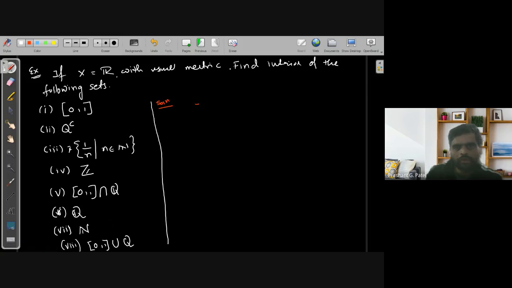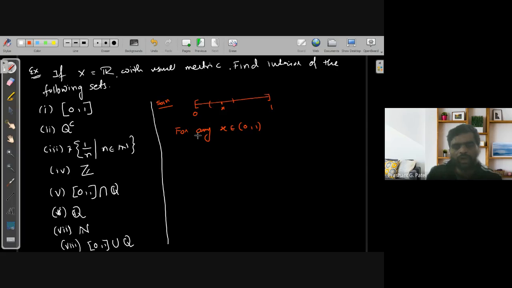So here let me draw that interval. Closed interval 0 to 1 is there. If I pick any point inside this interval, that means for any x belonging to open interval 0, 1, we can draw an open neighborhood of that.